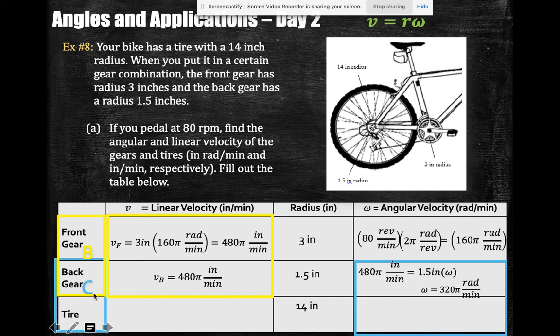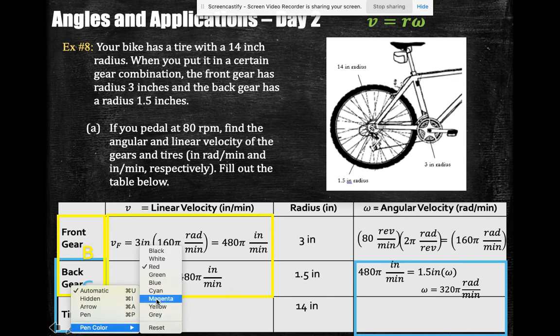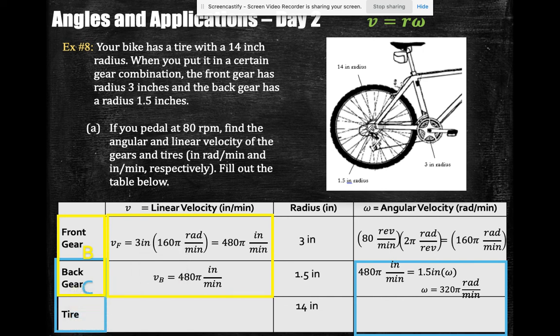What I just found about the back gear, what does that tell me about the tire because they are concentric? Again, this time I'm talking about a particle spinning on the back gear and one on the tire. There's our ladybug and our beetle, right?